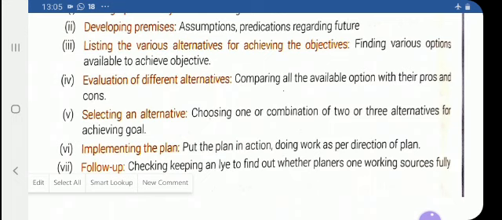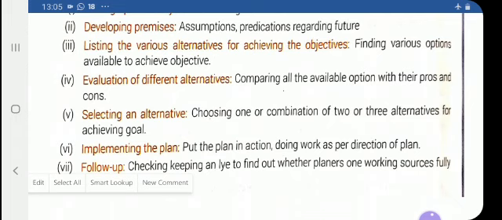Now the next, the last one, that is follow up. Follow up means checking, keeping on line to find out whether plans are working successfully or not.